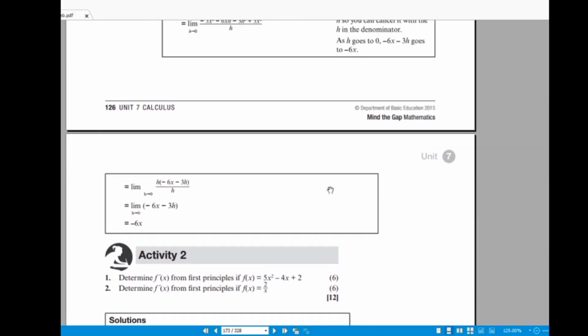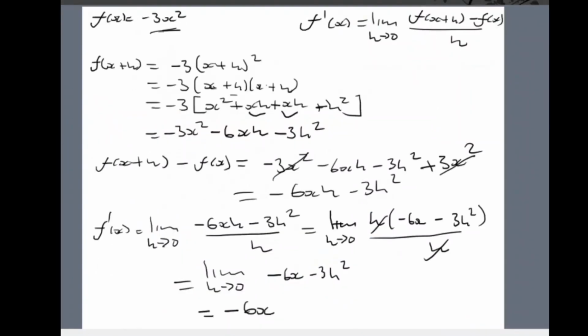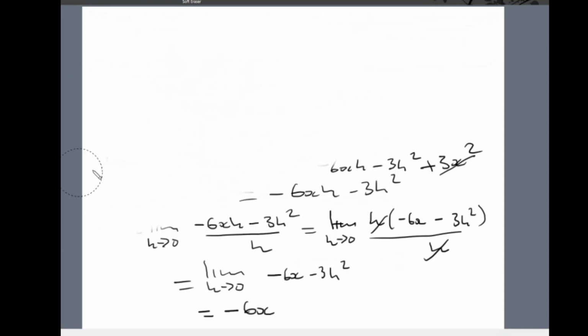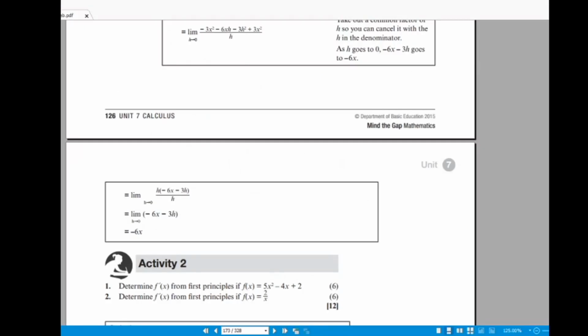let us look at another example, activity 2. Okay, so let us copy activity 2 to our whiteboard.